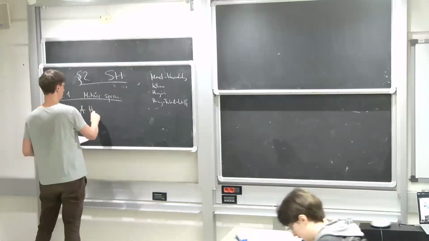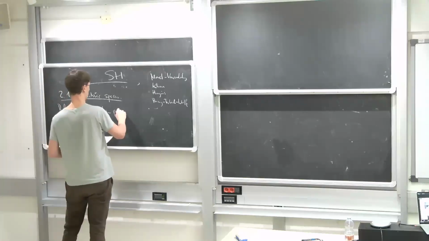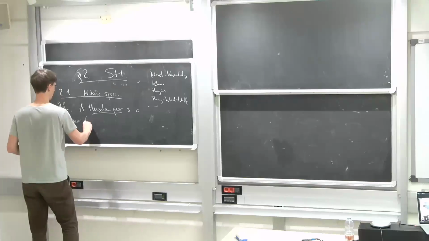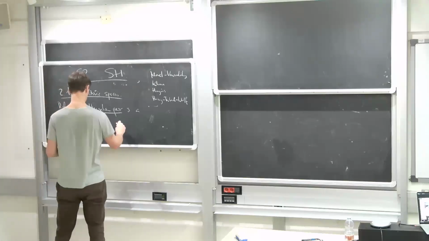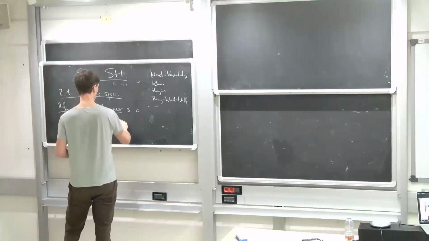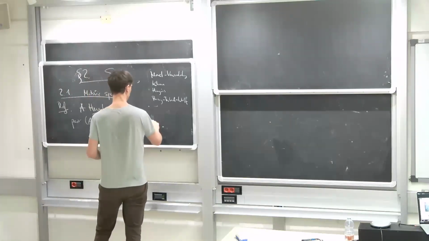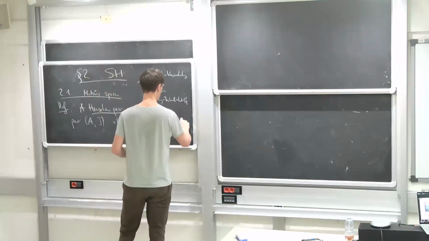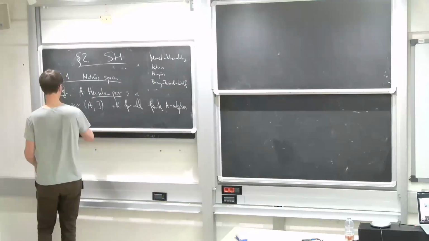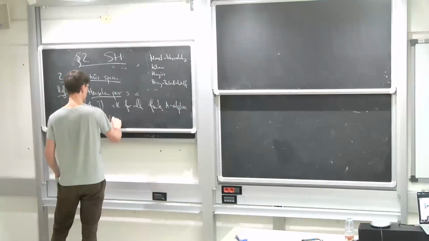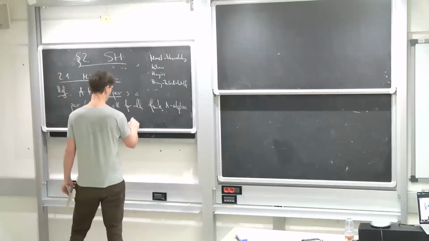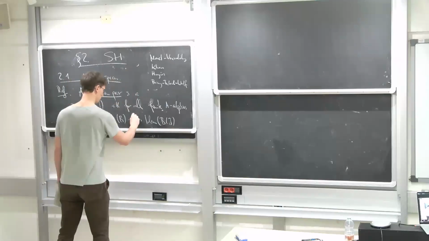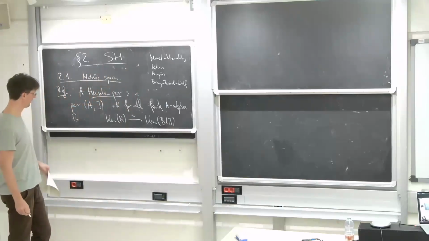So I remind you, a Henselian pair is a pair of a ring A and an ideal I such that for all finite A-algebras B, there is the following thing: we have the idempotent coordinates of B, and we have the idempotent coordinates of B/I, and we want this to be a bijection. That's the definition of Henselian pair.